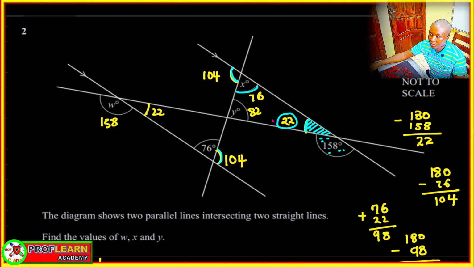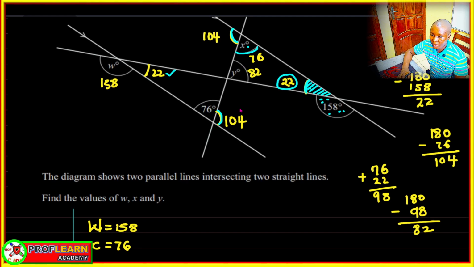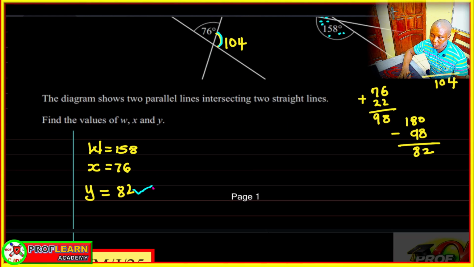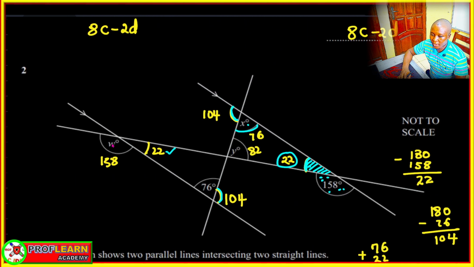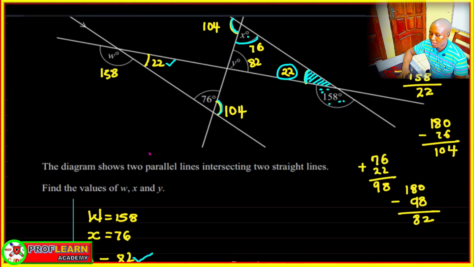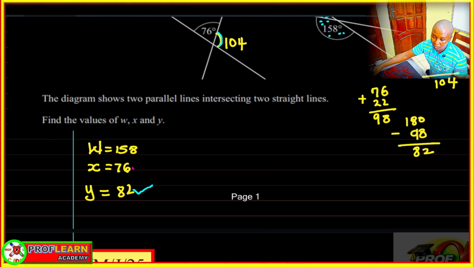And if this is 22, this angle also is 22. Then if you add this angle and this minus 180, we're going to get 82. So y is going to be 82 as shown here, and w is going to be 180 minus 22, and that's going to translate to 76. So basically that's what you are supposed to do in that particular question.